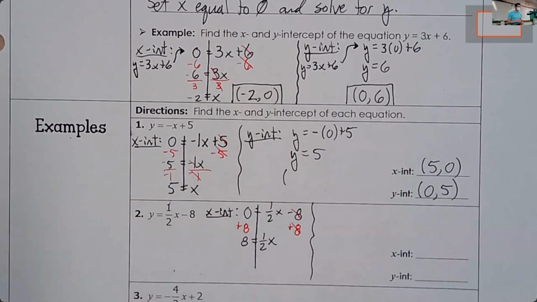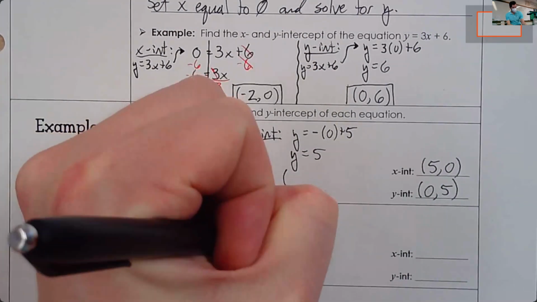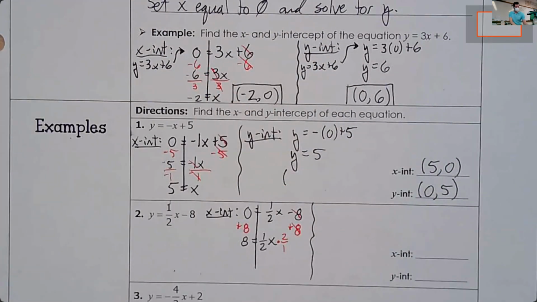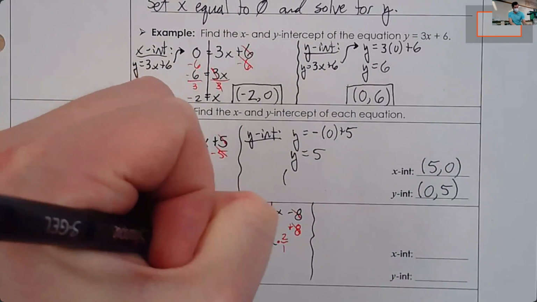Now, how do we get rid of a fraction that is multiplying by a variable? Anybody remember? Yep, we're going to flip the fraction and multiply both sides by that. So we multiply both sides by the reciprocal of the fraction. Instead of 1/2, we're going to multiply both sides by 2/1.